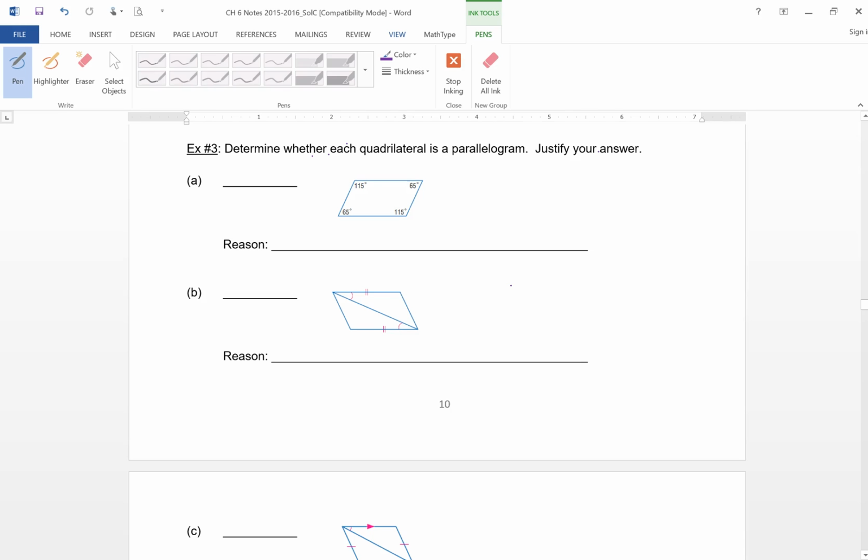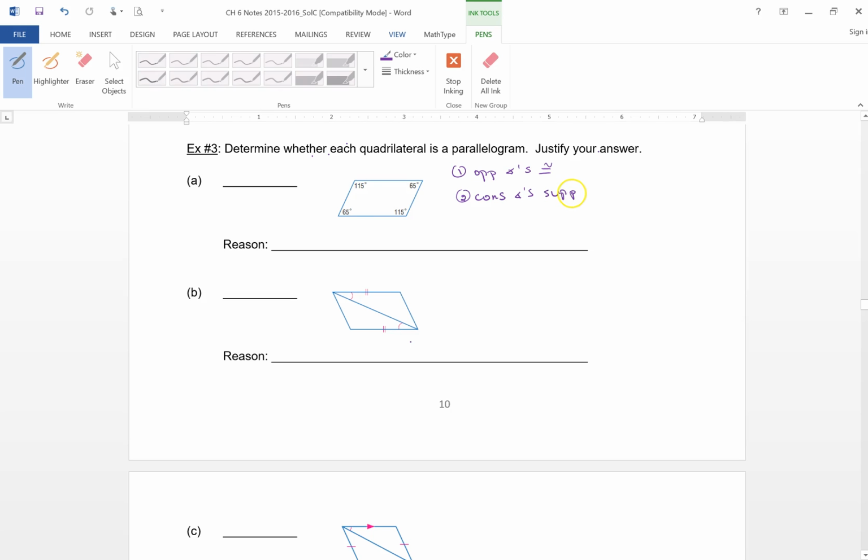These are fun. It says to determine whether each quadrilateral is a parallelogram. Justify your answer. We're given measures of angles here. We know two things about the measures of the angles of a parallelogram. One, that the opposite angles are congruent. Two, that consecutive angles are supplementary.